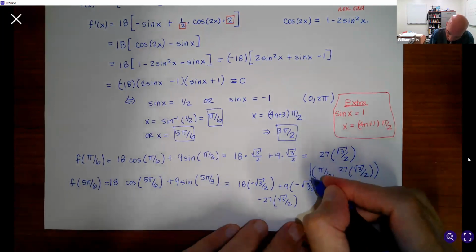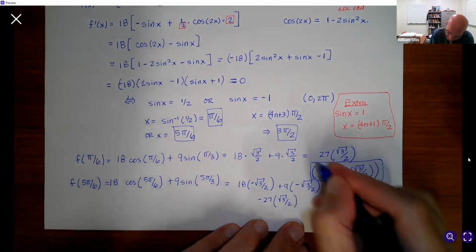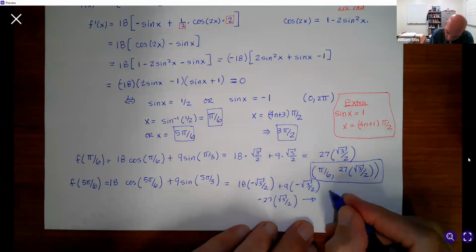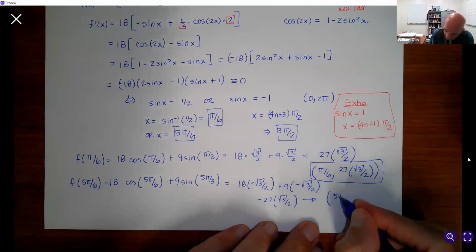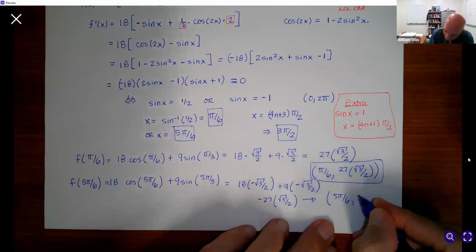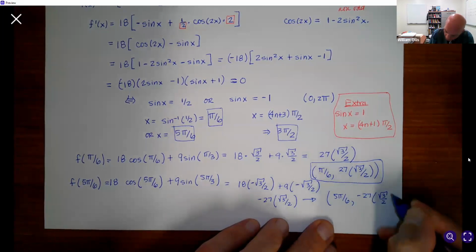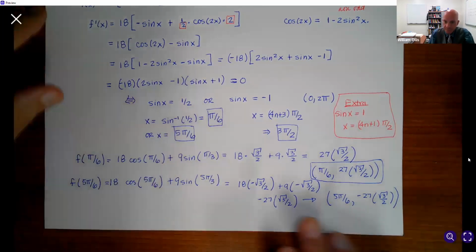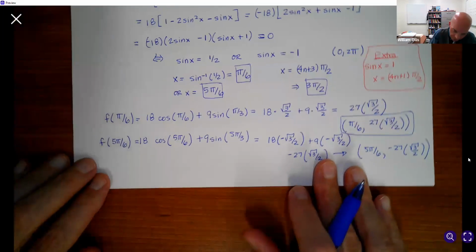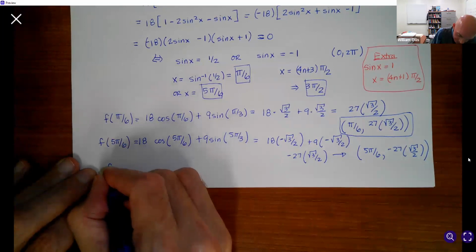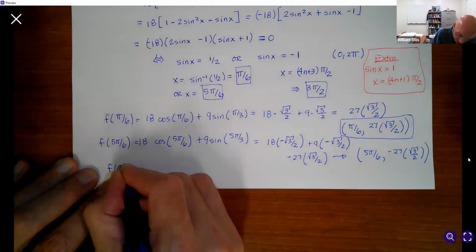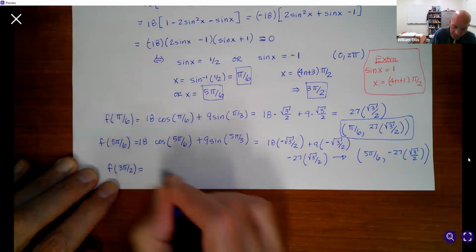So here's our first point of horizontal tangency. And so our second one will just look like this: 5 pi over 6, negative 27 root 3 over 2. Okay? Now the very last one, like I said before, is going to be kind of easy. We have 3 pi over 2, our friend, axial value.